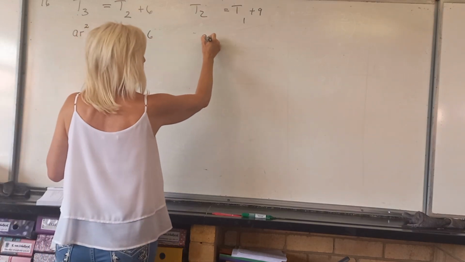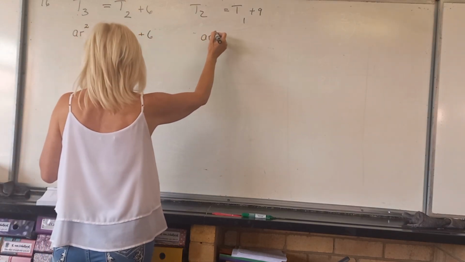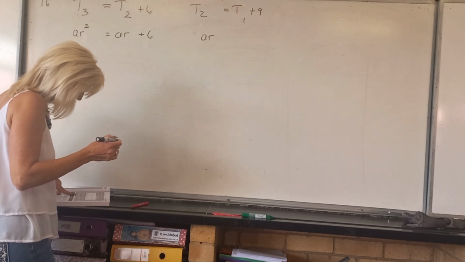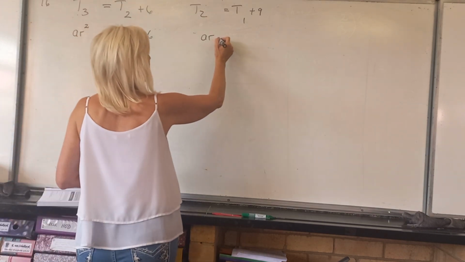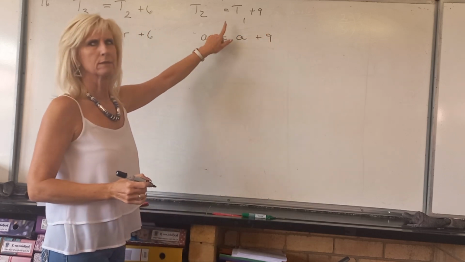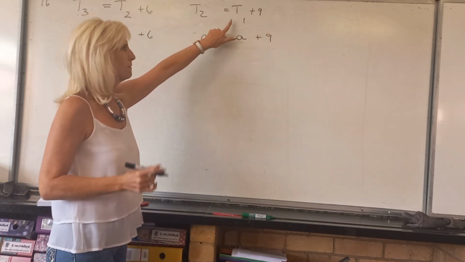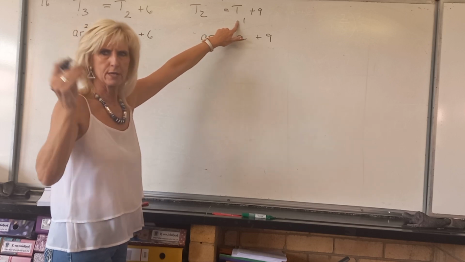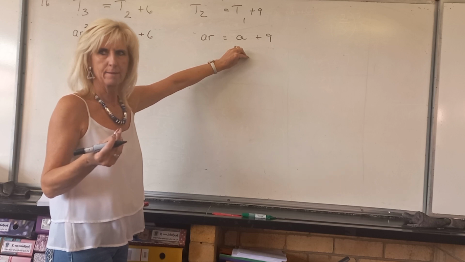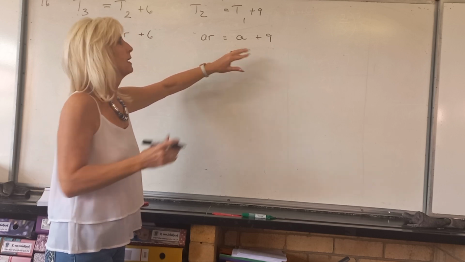This is going to be AR, was it 2 and 1? Right. Okay, sorry. AR to the 1 and A. Agree with me? Technically it's actually AR to the 0. But term 1 is A, which is AR to the 0.